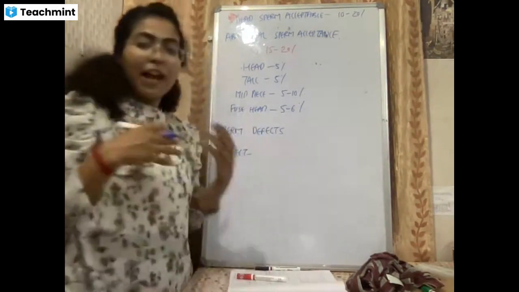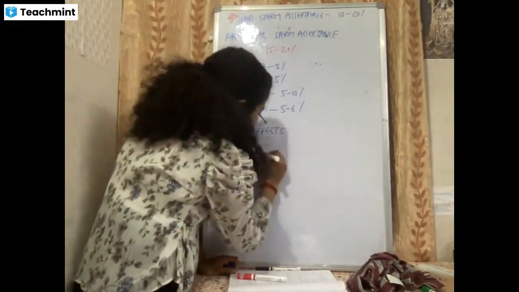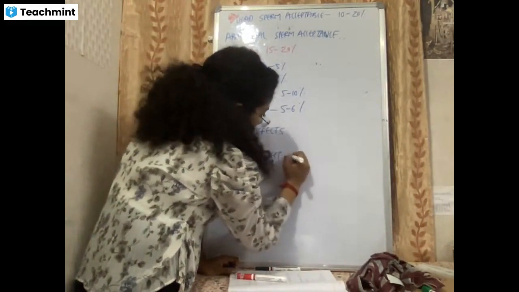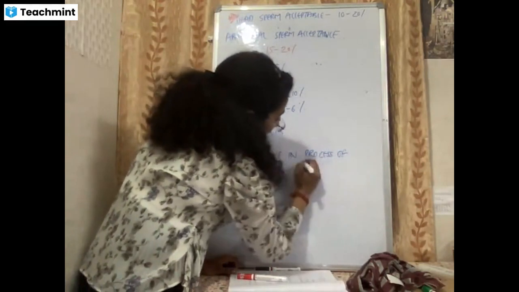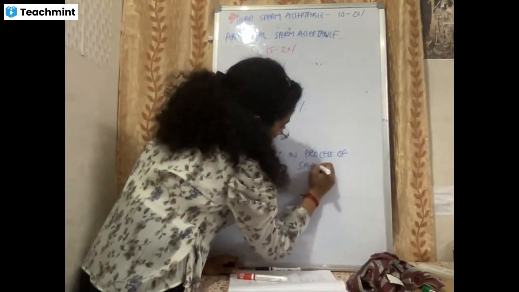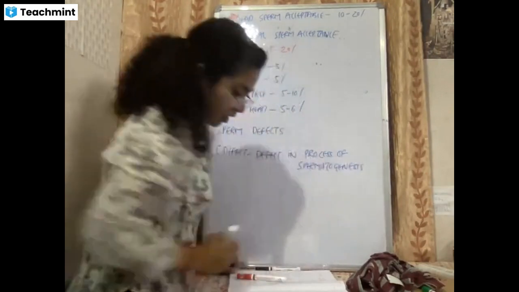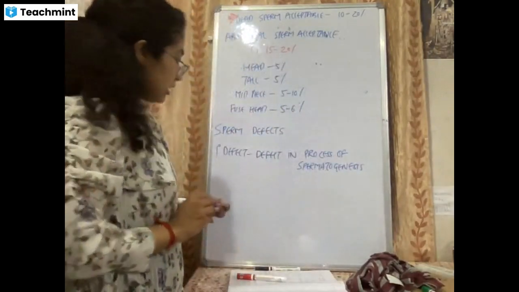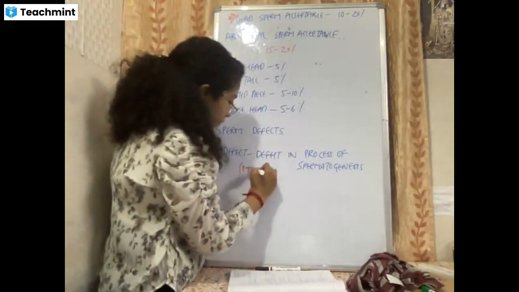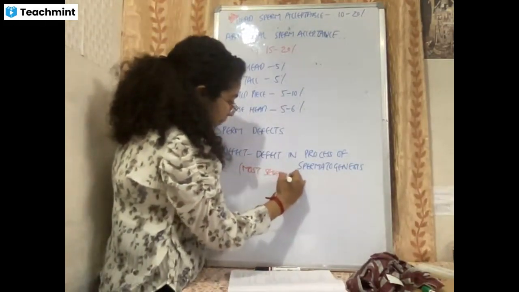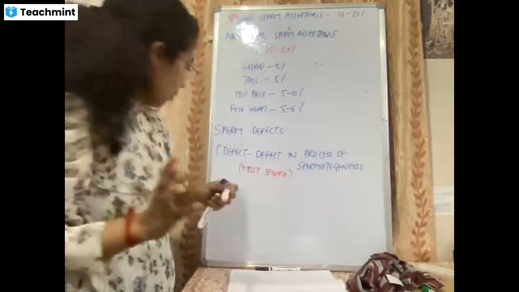Primary defect means the defect occurring at the time of manufacturing, okay? Defect in the process of spermatogenesis. This is the most severe type of defect.